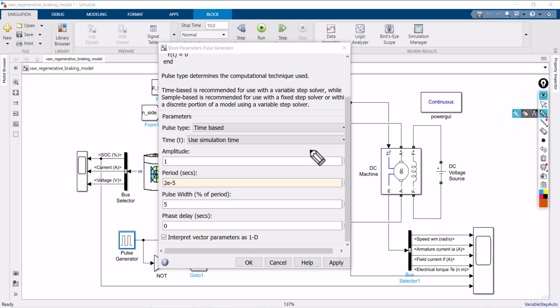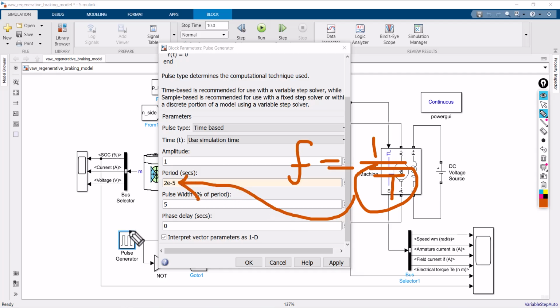We know that f is equal to 1 divided by T. This T is 2e power minus 5, so you can easily calculate the switching frequency of the MOSFET. It comes to around 50 kilohertz. This 50 kilohertz is the switching frequency of the MOSFET, which describes how fast I'm going to switch on and off.